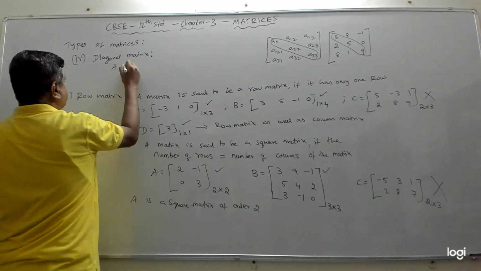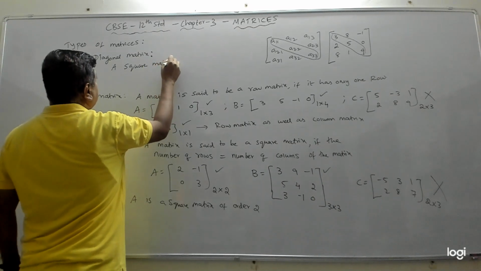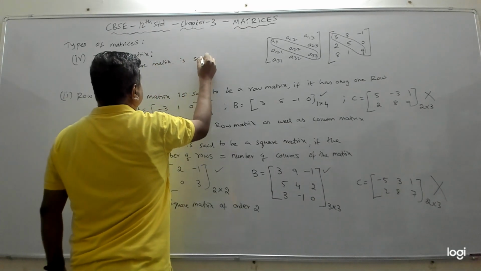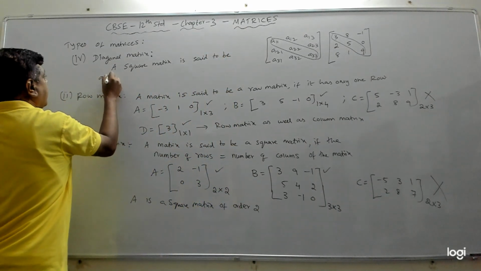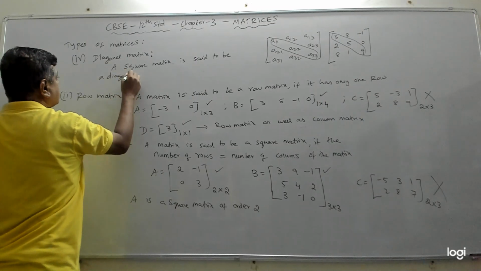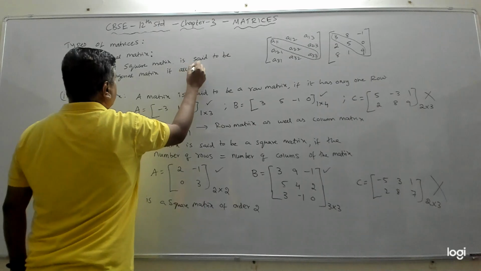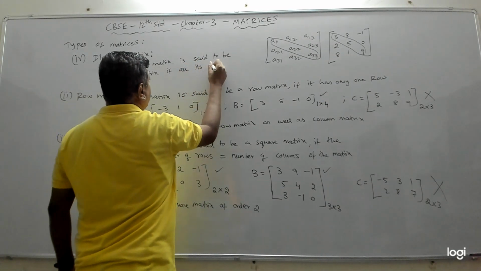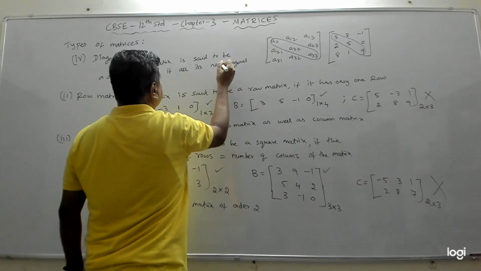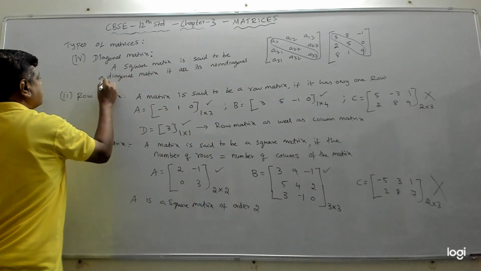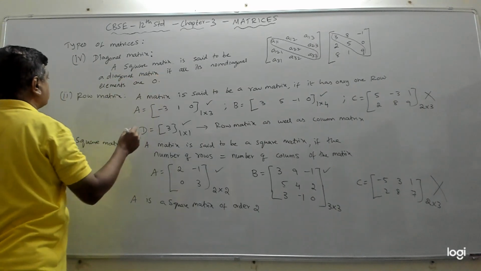Fine. So with this understanding, we will start with what a diagonal matrix is. First of all, it should be a square matrix. A square matrix is said to be a diagonal matrix if all its non-diagonal elements are 0.